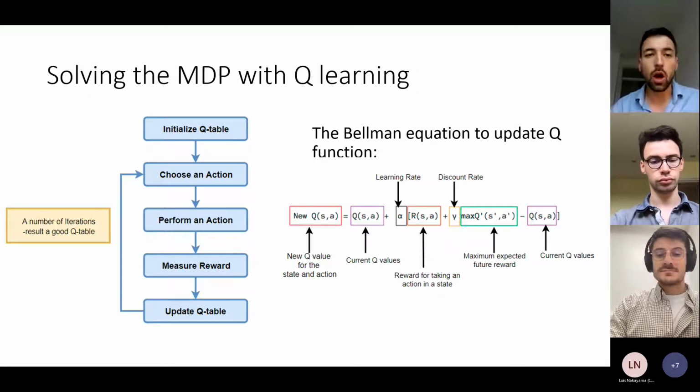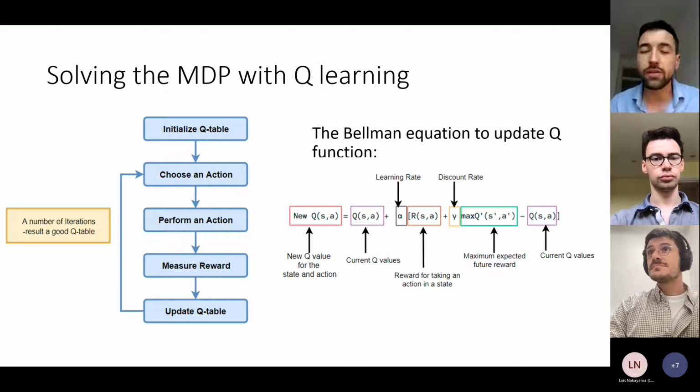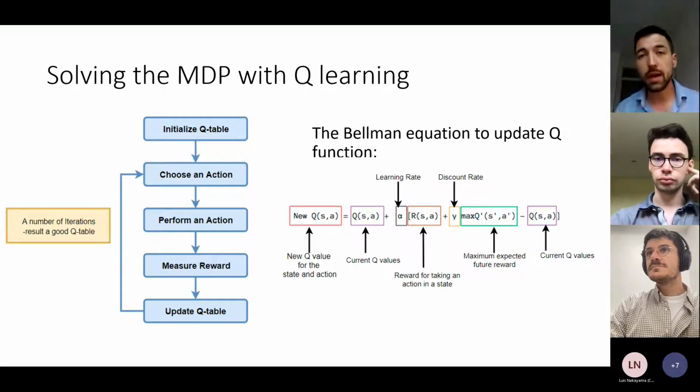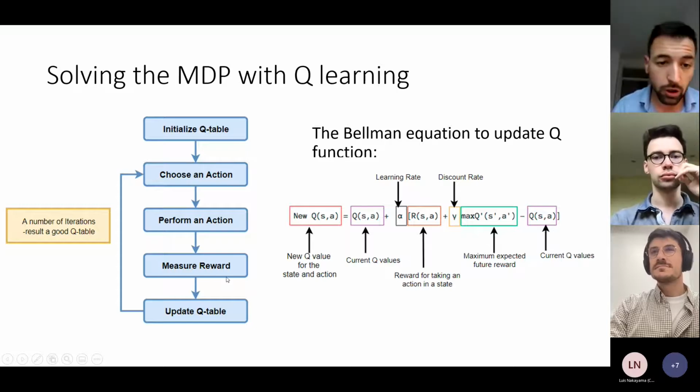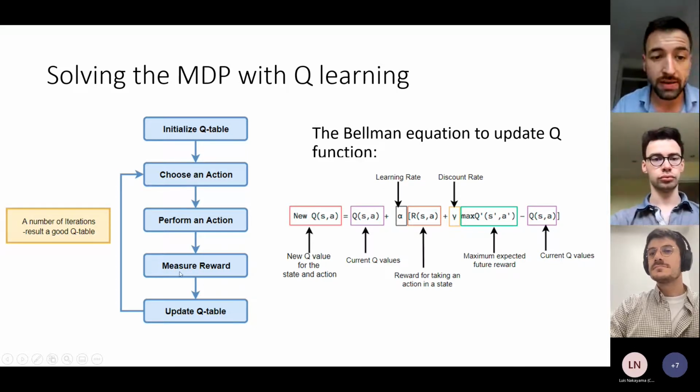So how do we solve an MDP? There are lots of ways of doing it with different properties. A very simple way is from experience. You start with a random or null Q table, and then you generate trajectories following a given policy, and you measure the reward that you obtain. Then you update your Q table based on the reward that you have observed.